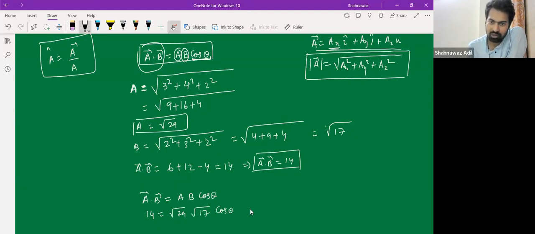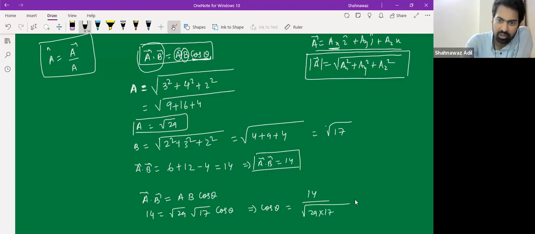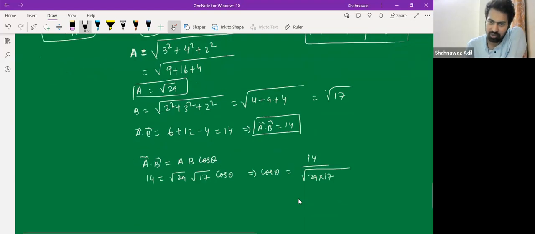So your cos theta would be simply 14 divided by root of 29 into 17, so your theta would simply be cos inverse of 14 by root 29 into 17.